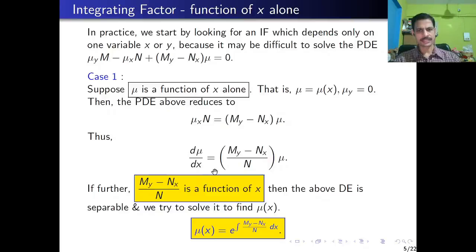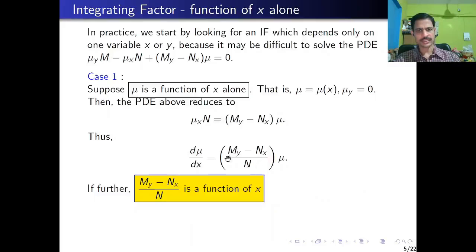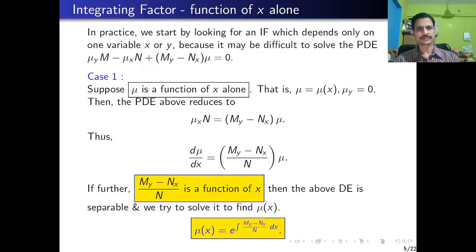Then this differential equation is only in the variables mu and x, where x is the independent variable and mu is the dependent variable. On the assumption that this particular term is a function of x alone, the differential equation becomes separable into variables x and mu, and we can solve it.